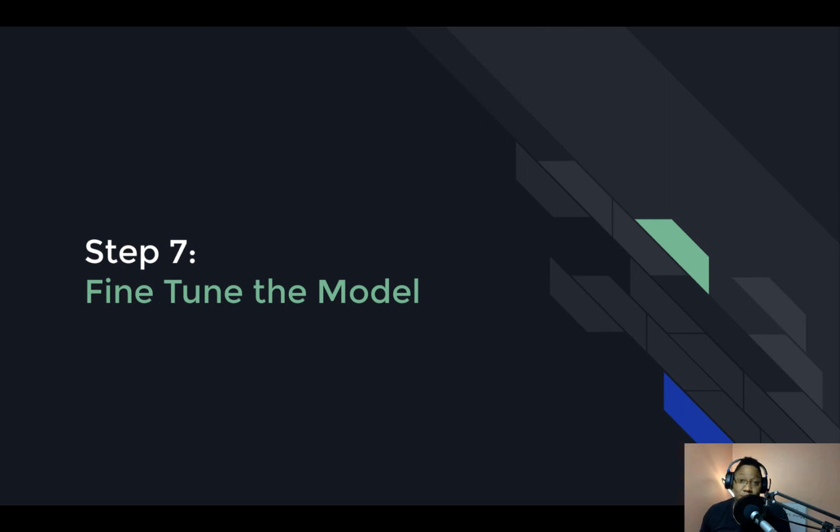Most models will have something you want to tweak, right? Most models will have a result that you're not quite happy with. All right. So this is where fine tuning the model comes in. This is where you want to tune the hyperparameters to get exactly the result that you want, or as close to the result as possible that you want.